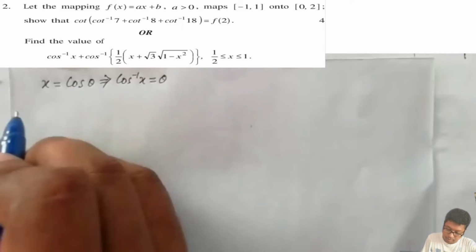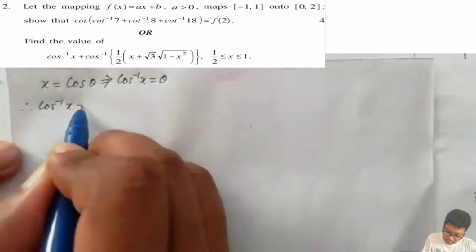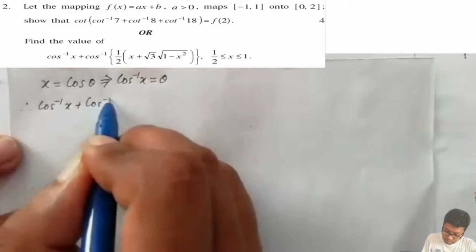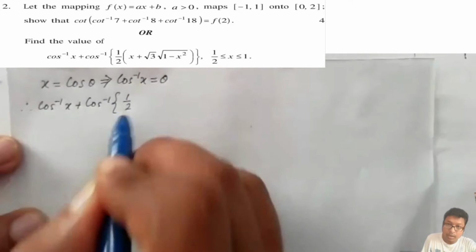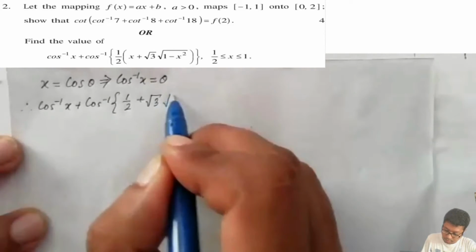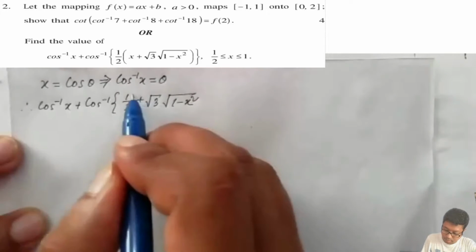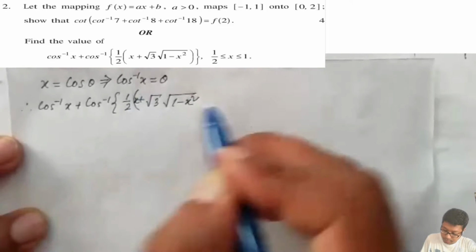Therefore cos inverse of x plus cos inverse of half x plus root 3 root over 1 minus x square. Sorry, here x is there.